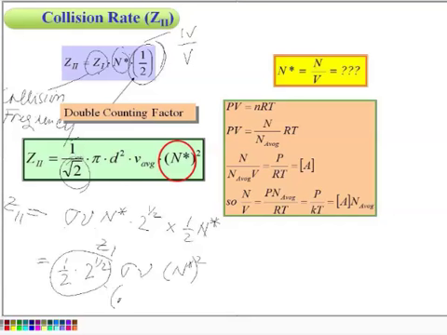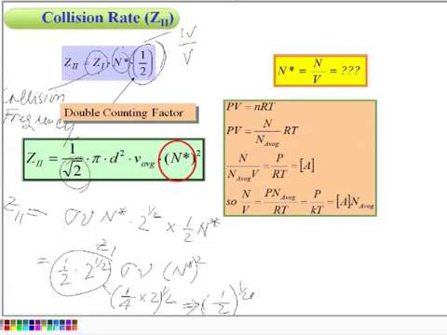From here we can write that this is equal to a half, a quarter, sorry, times this, isn't it? So from this number we get this.